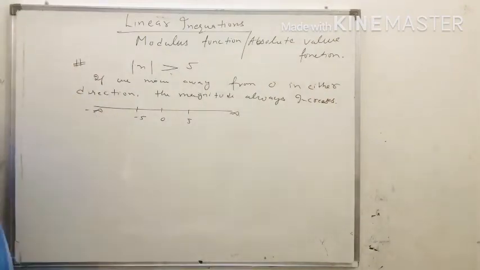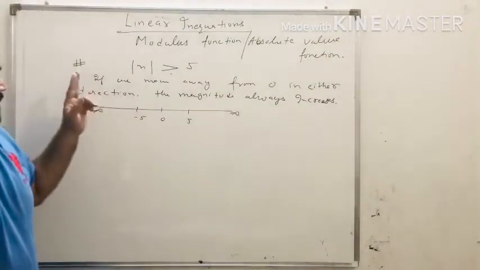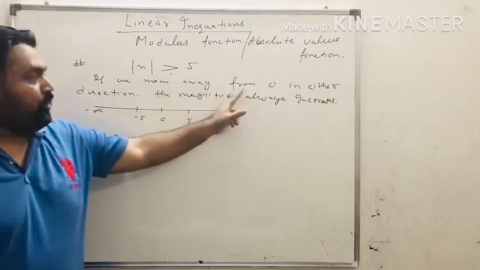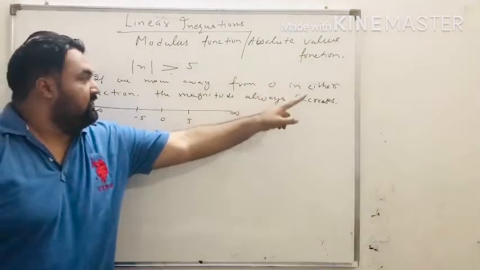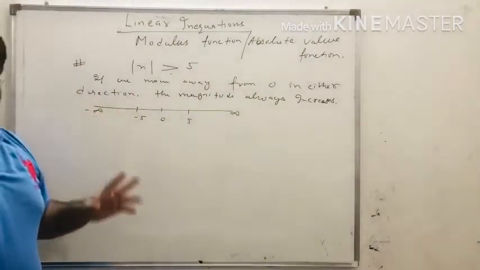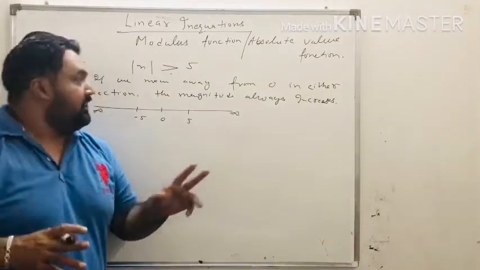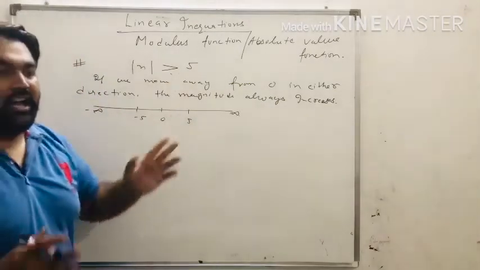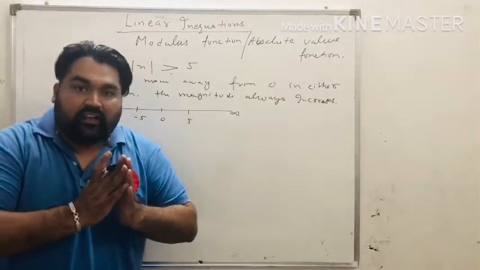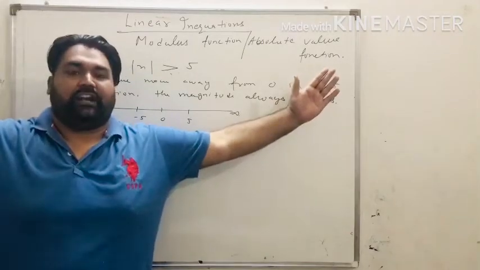So this is a very important statement. If we move away from 0 in either direction, so you have to remember one thing: whenever the sign is greater than, you have to move away from 0, in the opposite directions.